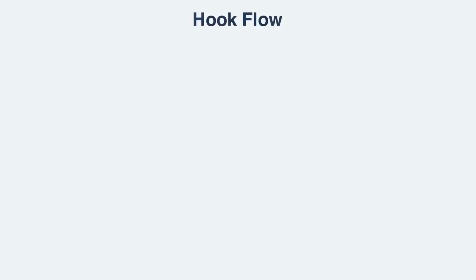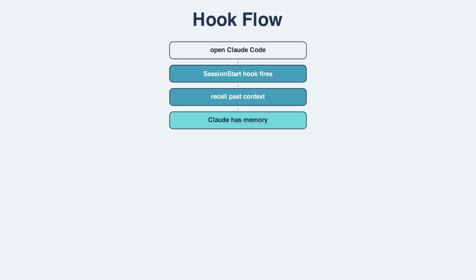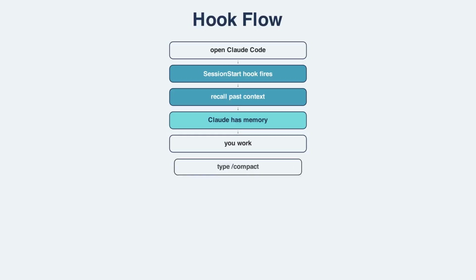So the flow looks like this. You open Claude, the session start hook fires, relevant past context gets pulled and injected into the conversation. You work for a while. When you're at a natural break, either you're wrapping up or you've been at it long enough that you want your progress saved for your other devices or for the people you're working with, you type /compact.